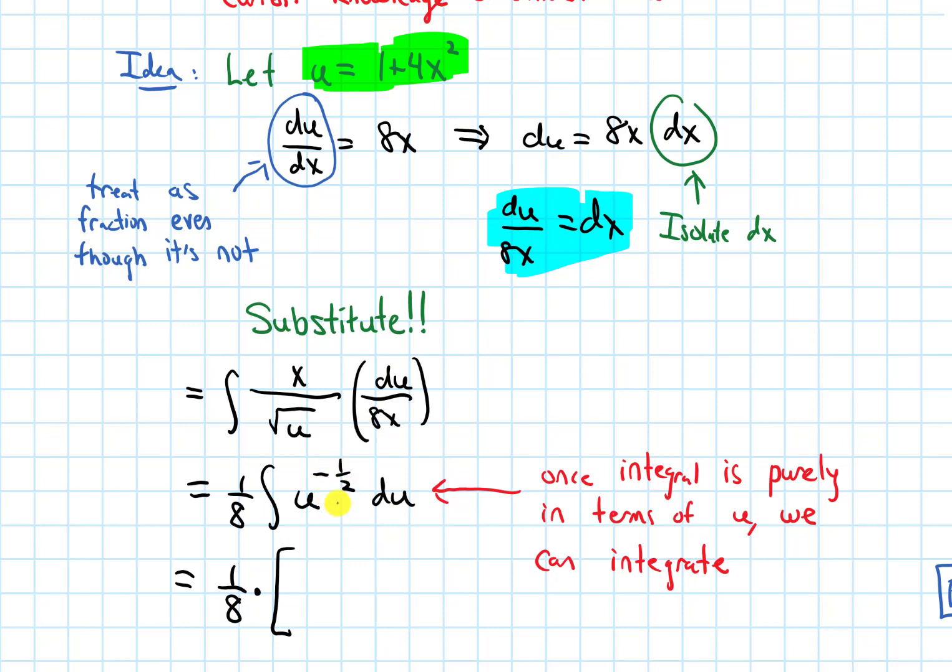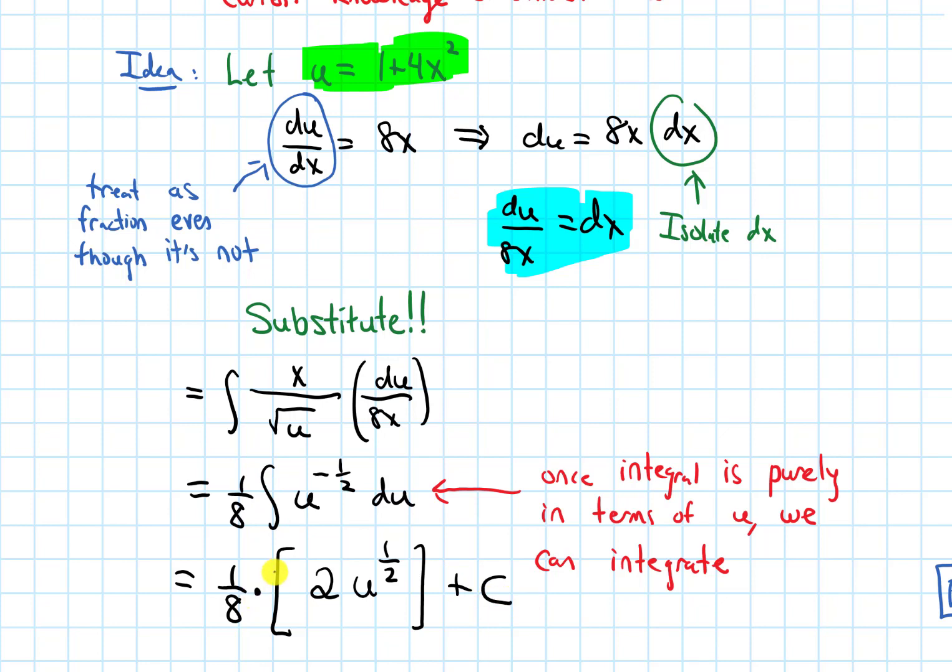So I'll add 1 to the power to get u to the 1/2, and then I divide by the new power. I divide by the 1/2. But when I divide by 1/2, that's the same as multiplying by the reciprocal, which will be 2. This is an indefinite integral, which means it's a general antiderivative, so I've got to write a plus c.